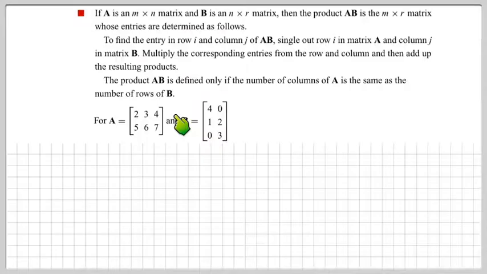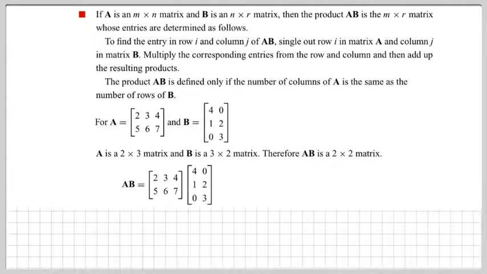Note those middle numbers: the 3 from the end of this dimension and the 3 from the start of this dimension have to be the same. 2 by 3, 3 by 2, those 3's in the middle have to be equal if they are to be multipliable together, if you know what I mean.